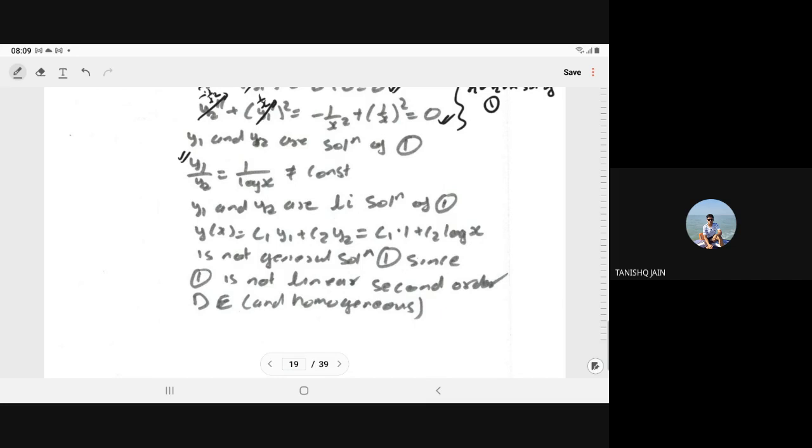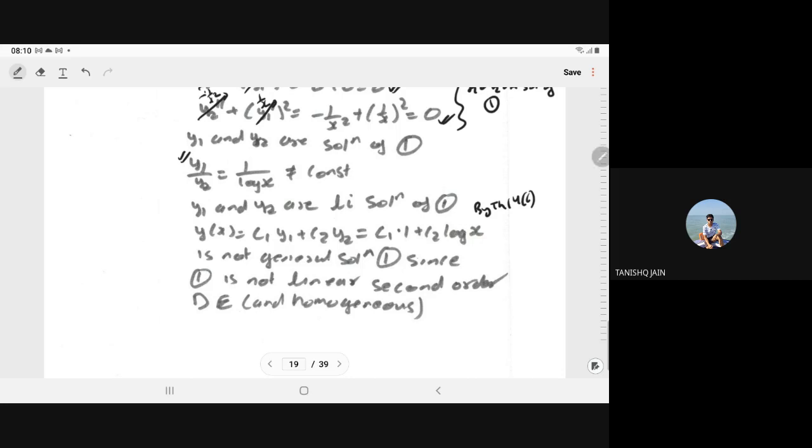So by theorem 15, and first by theorem 14c, we can write that c1 times the first solution plus c2 times the second solution will be a solution. So y(x) is equal to c1 y1 plus c2 y2, or c1 into 1 plus c2 into log x, is the solution.